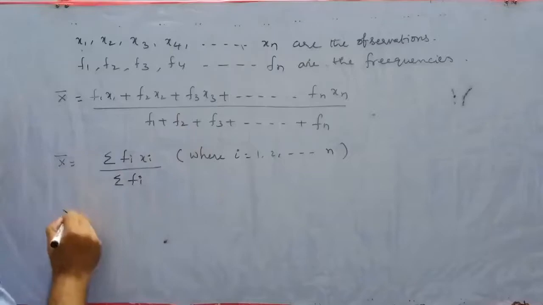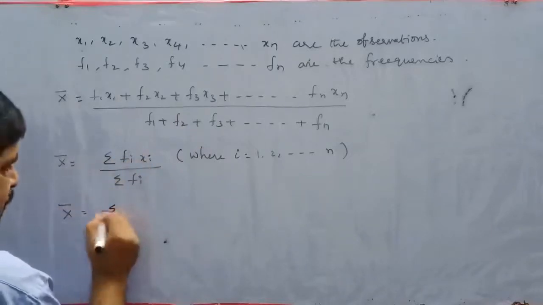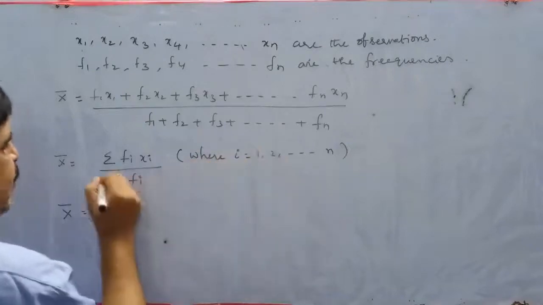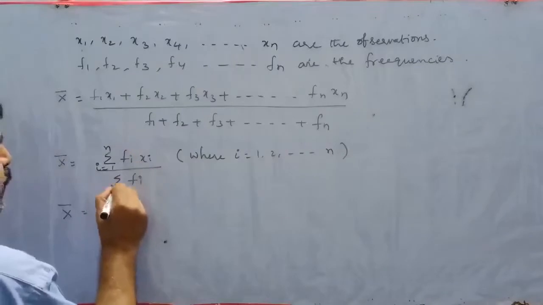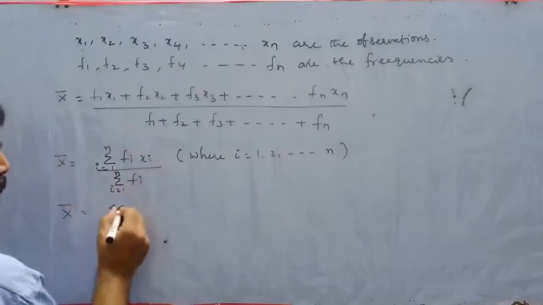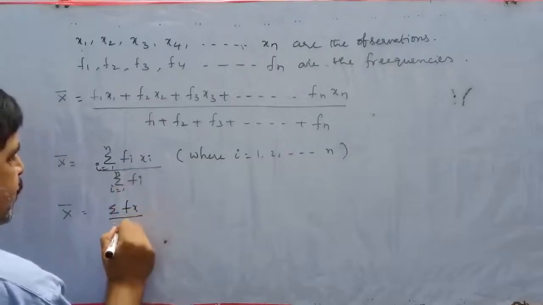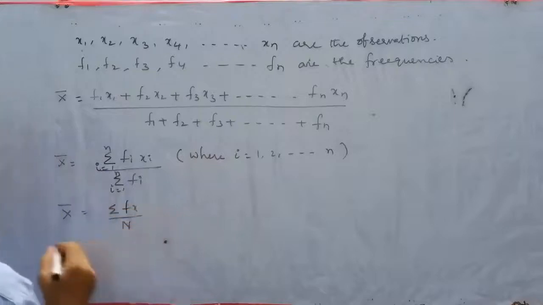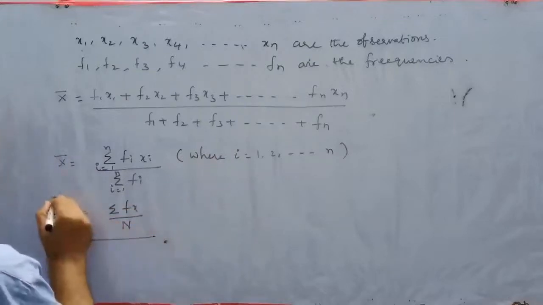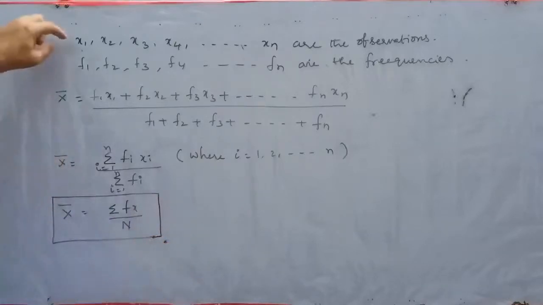So x bar is equal to sigma fx by n, since sigma fi is nothing but n. So sigma fx by n is the arithmetic mean of the observations when the observations occur with frequencies.